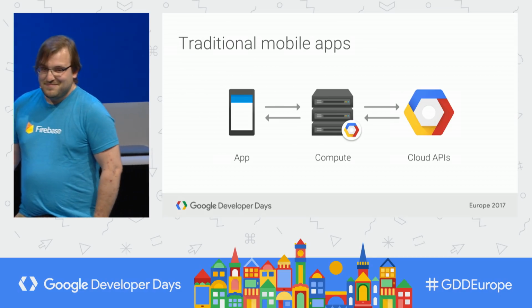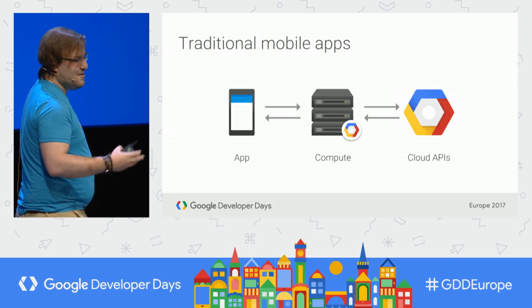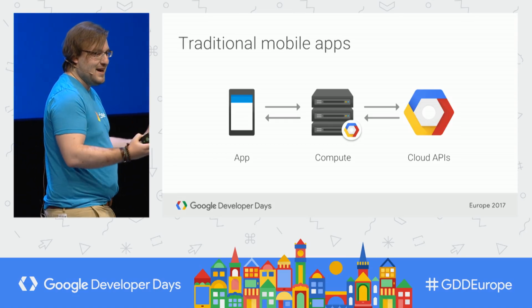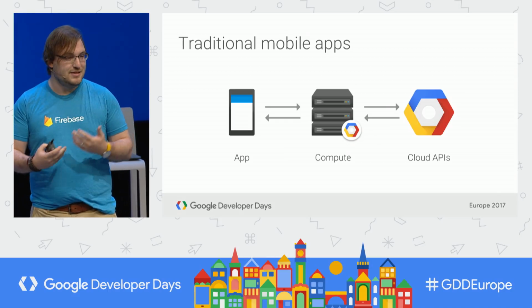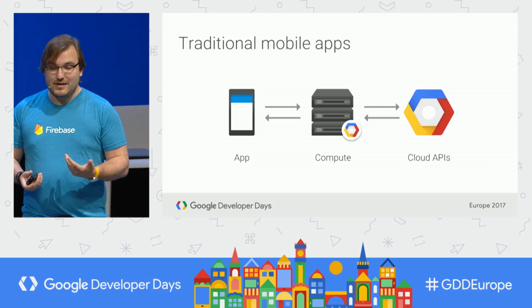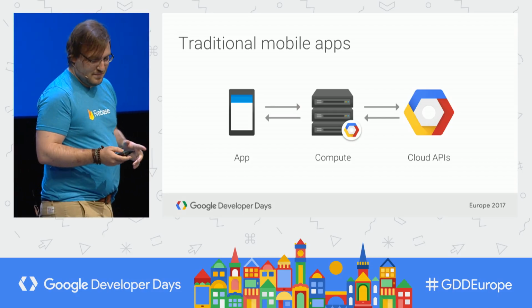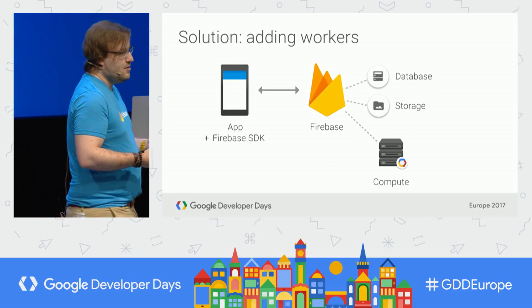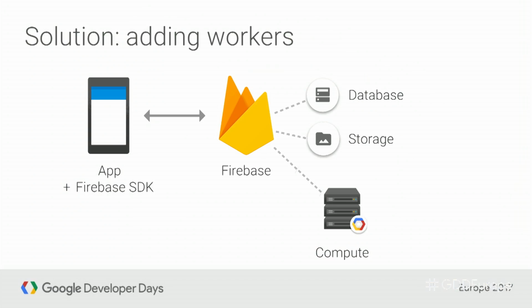So, in the good old days, you'd say, this was easier. My server, it's mine, I control it, I can make whatever APIs I want, I can do whatever I want to do on there. So why don't we combine them? So say we attach generic compute to Firebase, just using it as a regular old client.